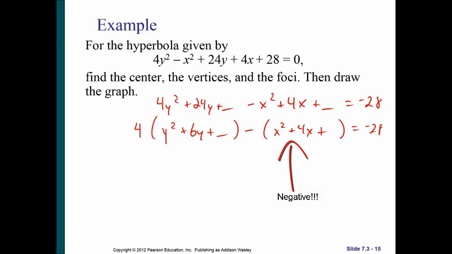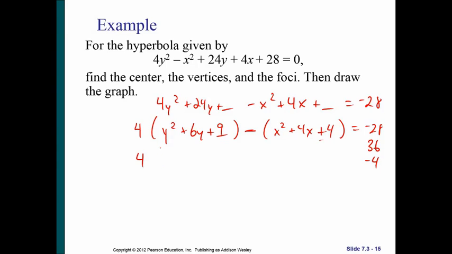So if we complete the square, we're going to take that 6, divide it by 2, gives us a 3, square it, so we're going to add 9. But we're not really adding 9, we're adding a 36, because we've got to distribute the 4. We're going to divide by 2 and square, so we'll get a 4 here. But we're not really adding 4, we're subtracting 4 because of this negative out front, so that means we've got to subtract 4 on this side.